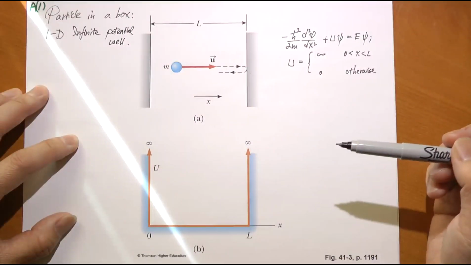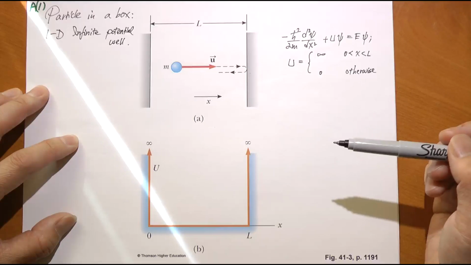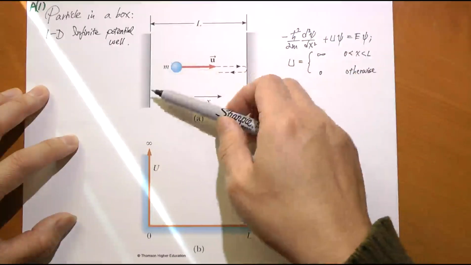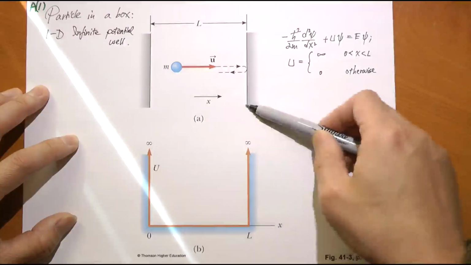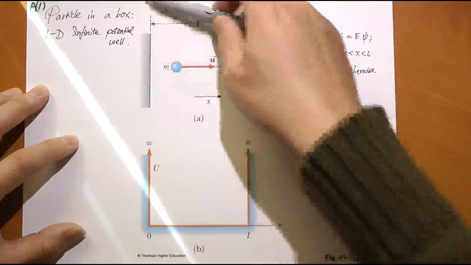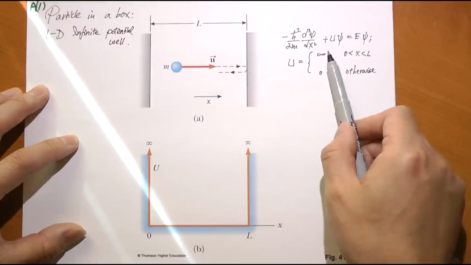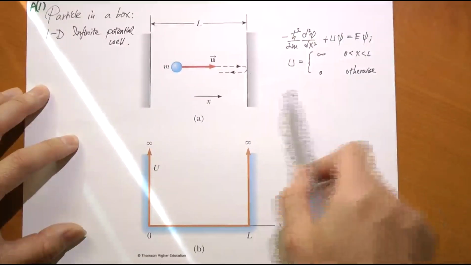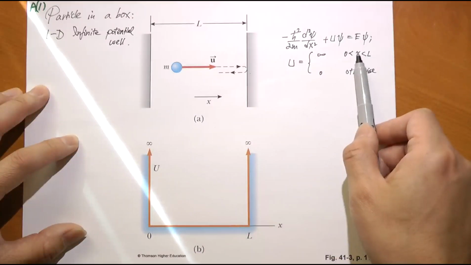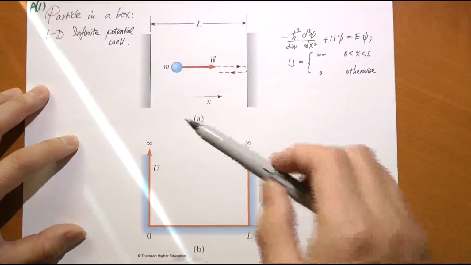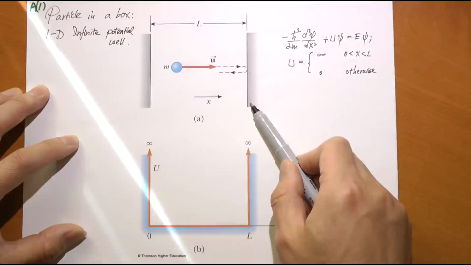It sounds fancy, but what it really is, is that this particle is trapped in a region between here and there by very high potential walls, so that the potential energy is equal to infinity outside these two walls and 0 inside. Of course, nothing can live in a potential of infinity, therefore the particle must be trapped between here and there.